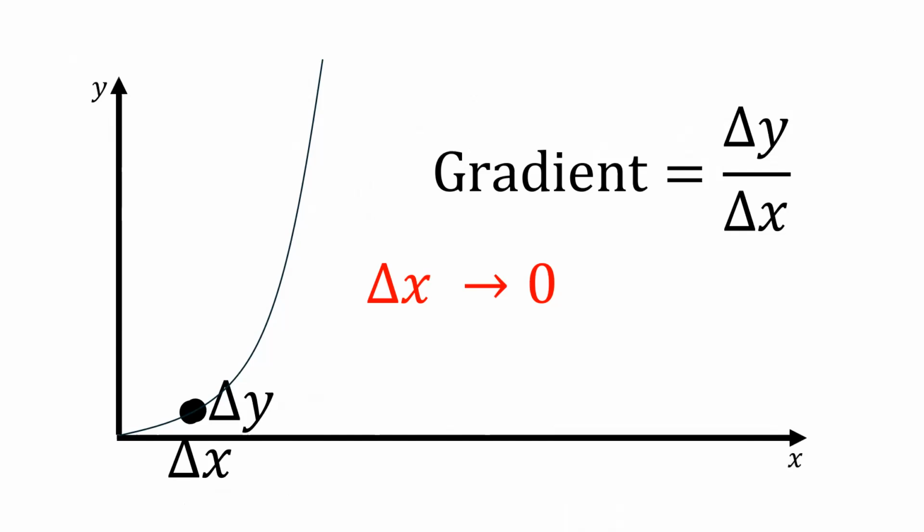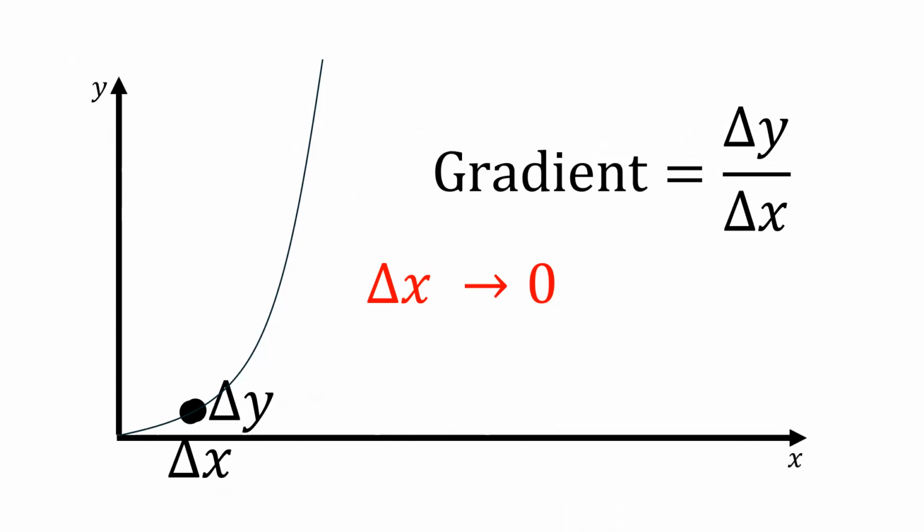But if x doesn't move at all, delta x equals 0, then there's no point in finding the gradient, because if x doesn't move, y doesn't move. And if y doesn't move and x doesn't move, then what is there to calculate? What kind of steepness is that?